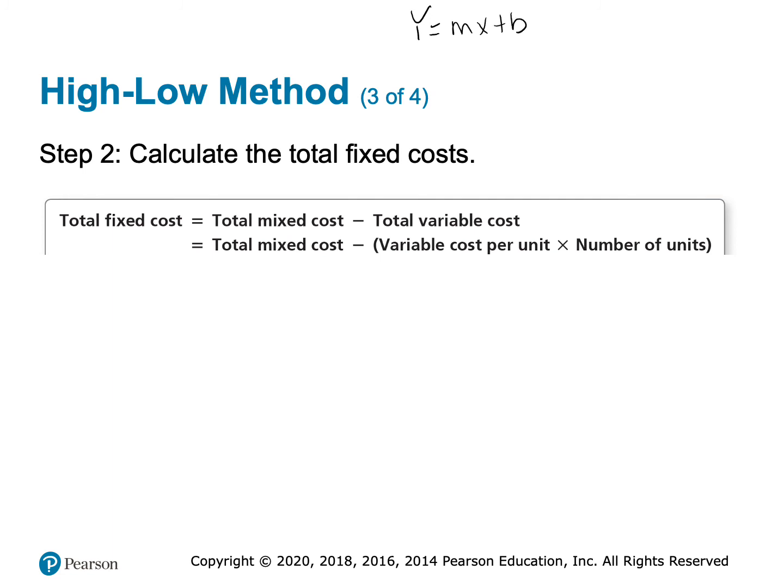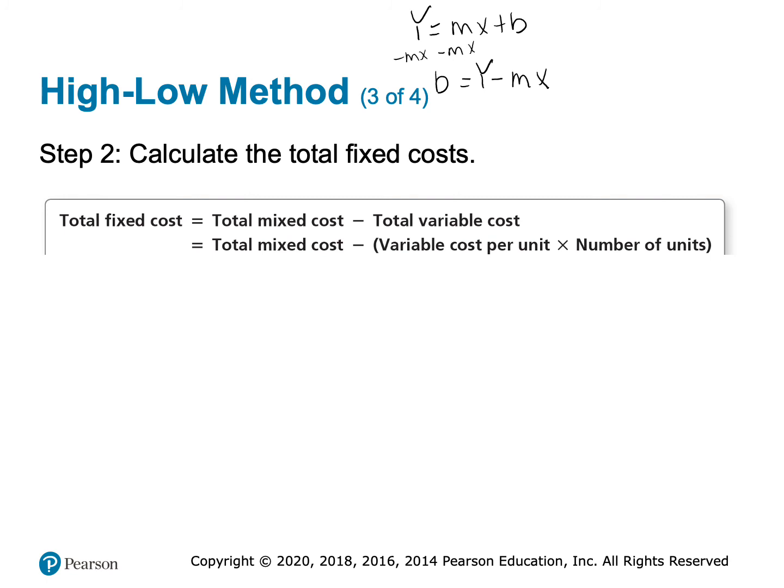Where y is your total, m is your slope, and b is your y-intercept. So essentially, we are trying to solve for b. So we could rearrange this equation to say we could subtract mx from both sides, and then I could rearrange it to say b, which is the y-intercept, is equal to y minus mx.